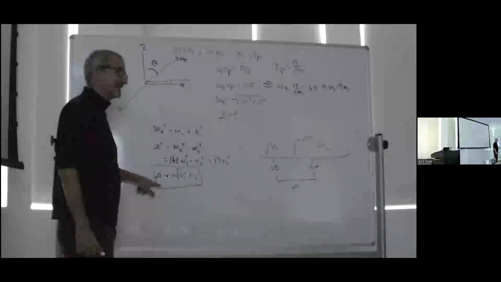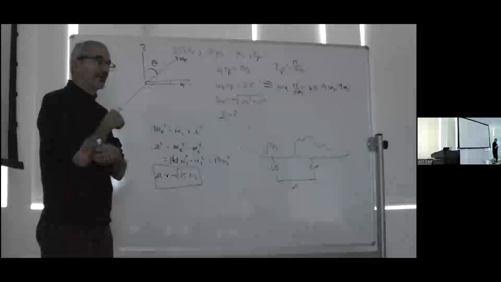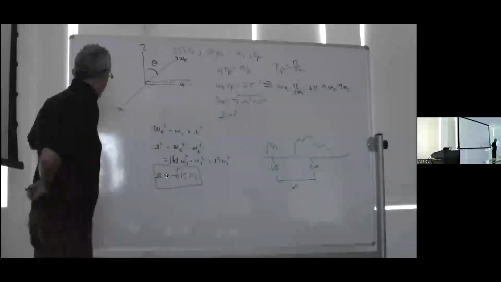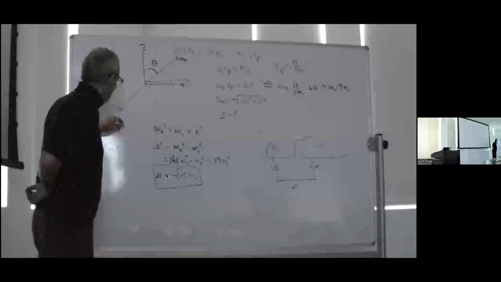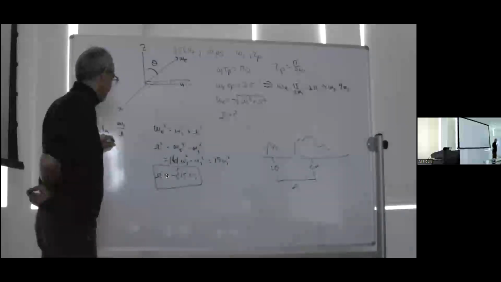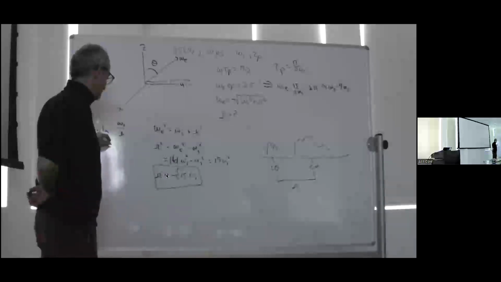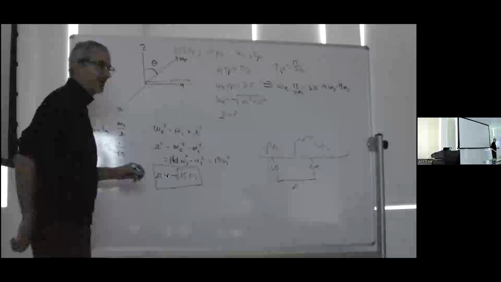We can calculate the tilt angle: the arc tangent of omega 1 over omega, which is the arc tangent of 1 over the square root of 15, whatever that is.